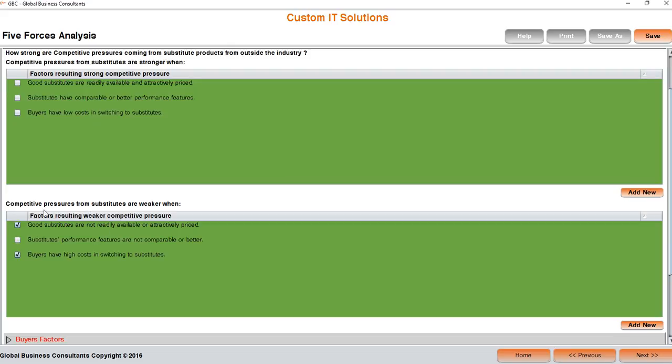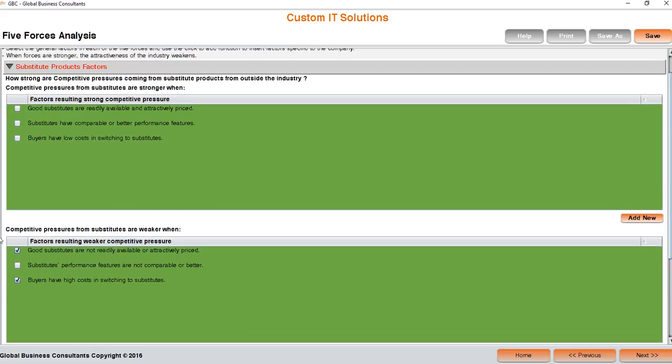I am going to say that competitive pressures from substitute products are weak because they aren't readily available, and neither are they attractively priced when they are available. Buyers do have a high cost in switching to substitute products because you've got to firstly innovate and build the substitute products in order to have any chance of switching. So those are my 2 factors that are relevant to substitute products.